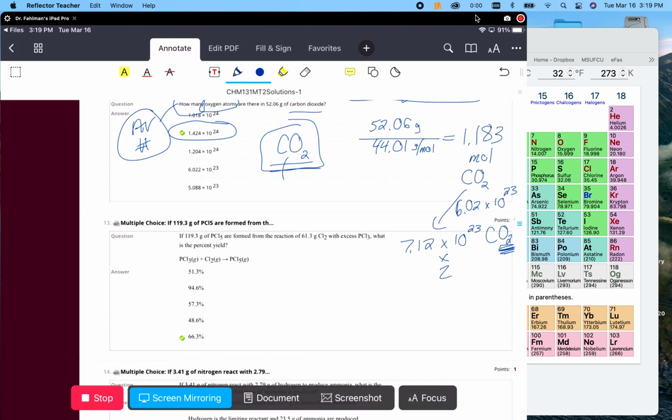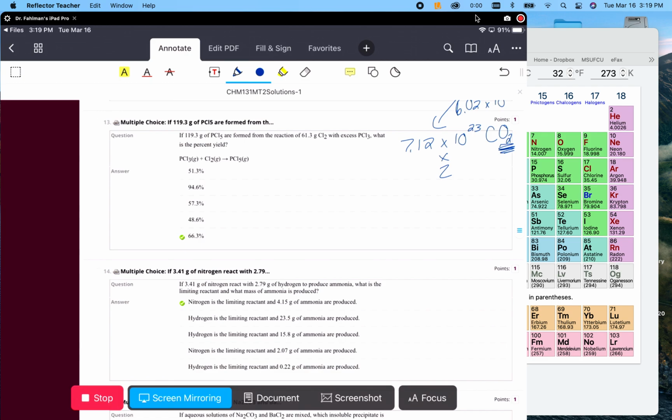Okay, this one, percent yield calculation. Double check if it's balanced, and this one is. So we have 119.3 grams actual yield, so that's what you actually made, from the reaction of 61.3 grams of that.